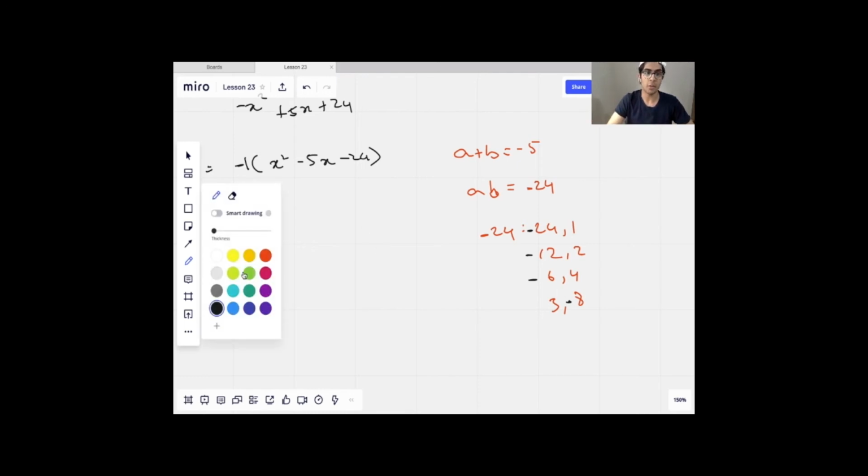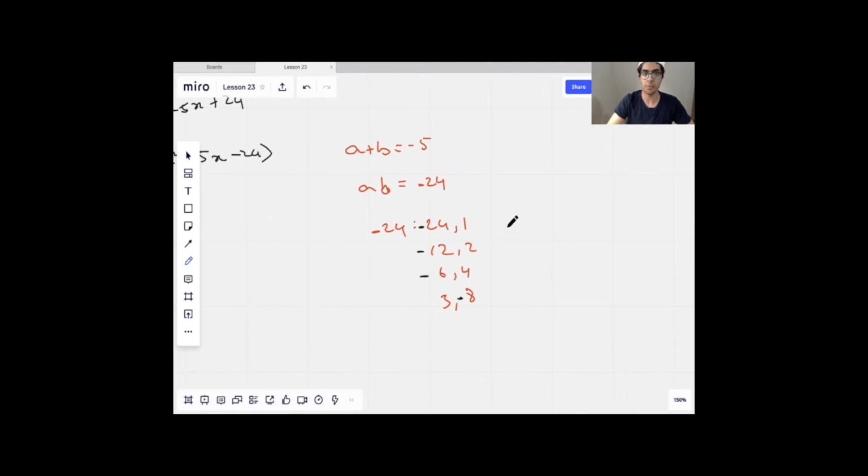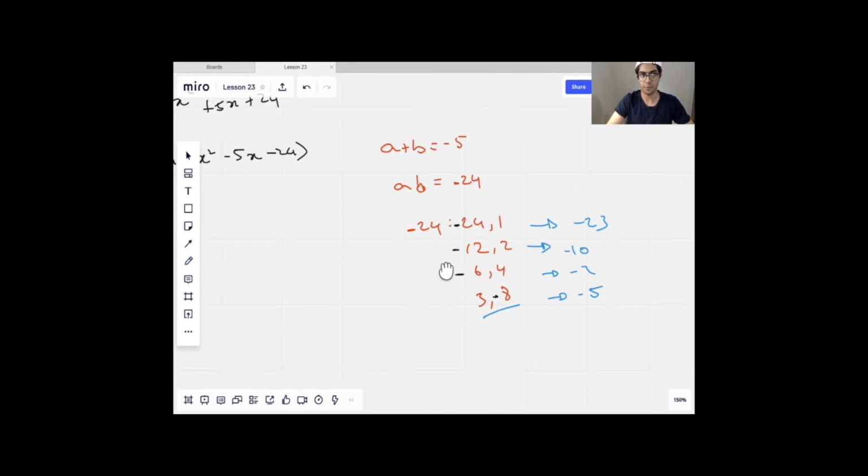Now if we add them up: minus 24 plus 1 is minus 23, minus 12 plus 2 is minus 10, minus 6 plus 4 is minus 2, 3 minus 8 is minus 5, and those are our two numbers. So a is 3 and b is minus 8, for example.